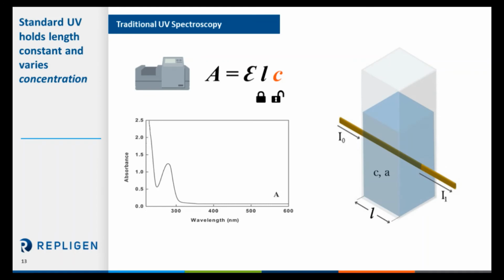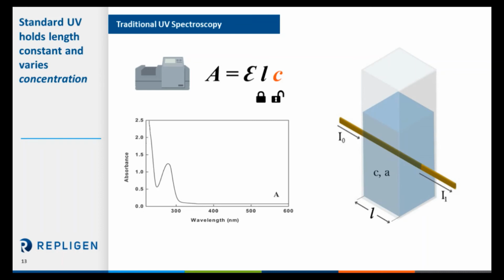So our approach is as follows. This is standard, or what's typically known as traditional UV. There is no difference between this technique, a NanoDrop, a NanoView, a Lunatic. It is all still fixed path length UV.